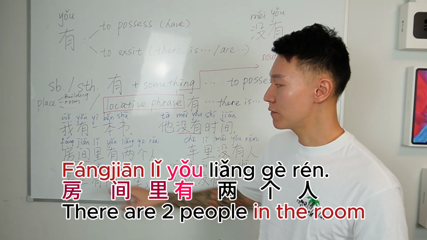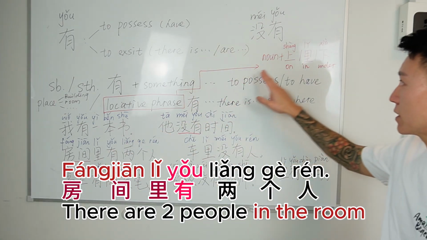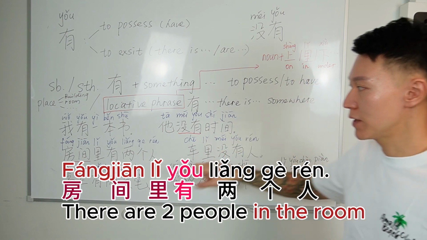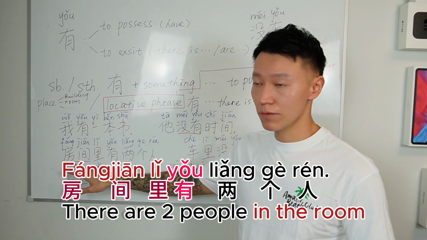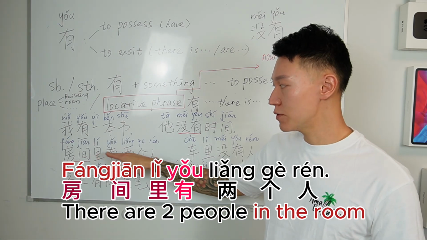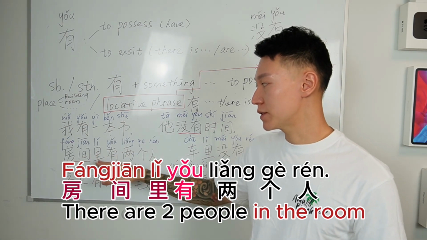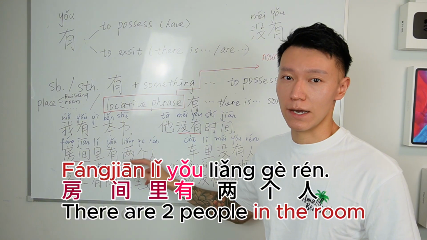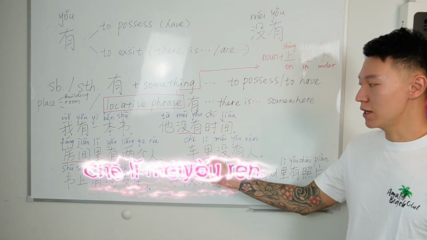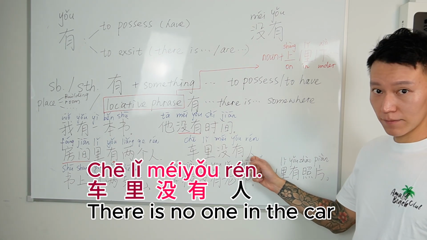Yeah? So 房间里, we also talked about 里. 里, it means inside or in something. So inside the room, there are 2 people. 房间里有2个人.